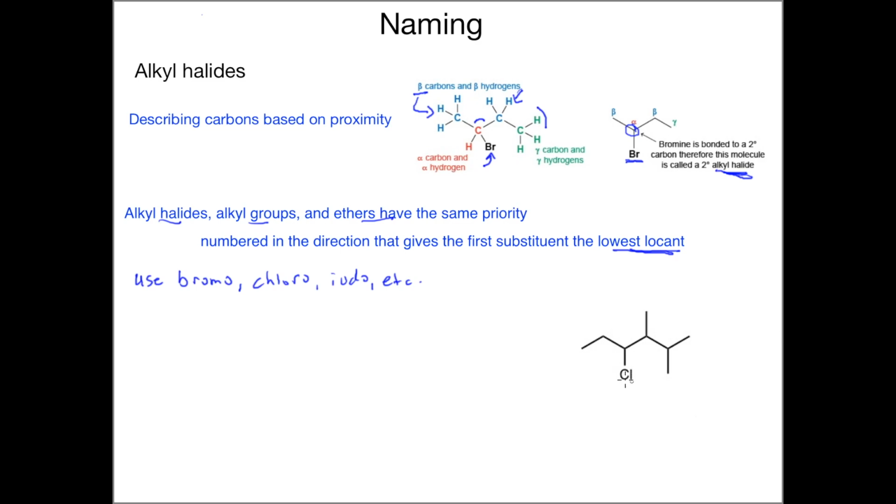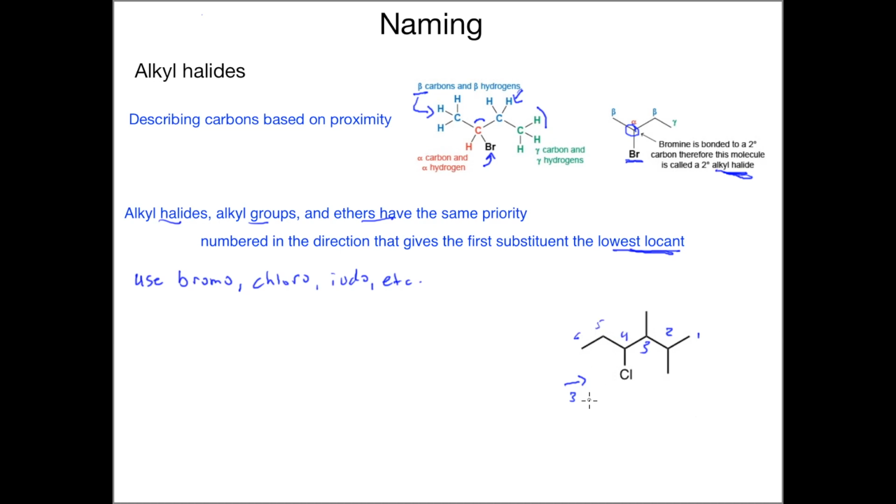And so what you want to do is number such that you get the lowest overall number, right? So for this one here, notice that that is 3 from the left for the chlorine, but if we go from the right side, we have 2 there. So that gives us basically the directionality that we need to go.